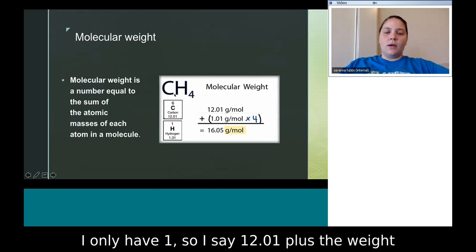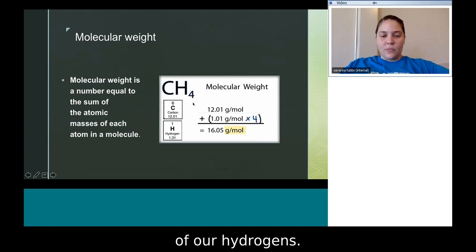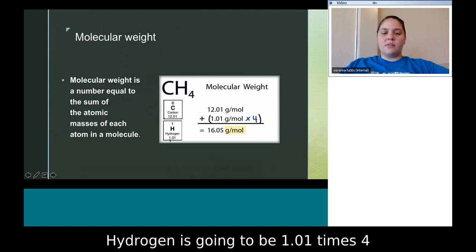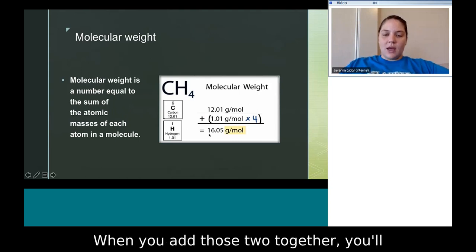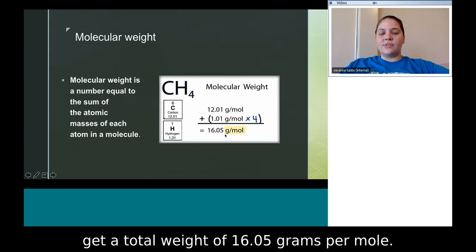I only have one, so I say 12.01 plus the weight of our hydrogens. Hydrogen is going to be 1.01 times 4, because we have 4 of them. When you add those two together, you'll get a total weight of 16.05 grams per mole.